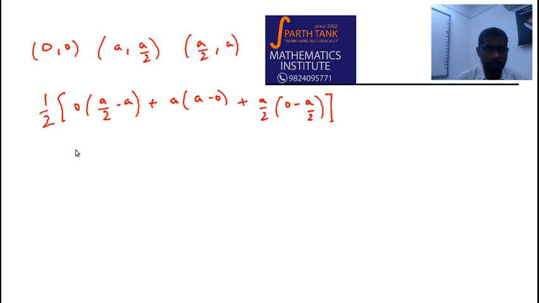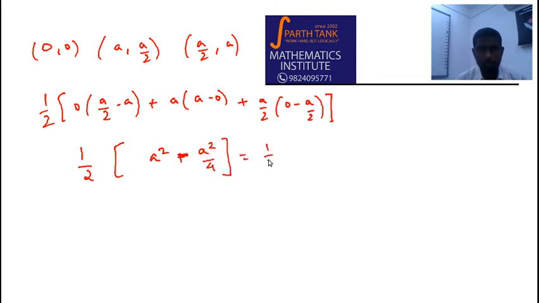So this gives me 1 by 2, first term is 0, the second term is a squared, plus here I get minus a squared by 4. So this is half of 3a squared by 4, which is 3a squared by 8. So triangle OMN has area 3a squared by 8.